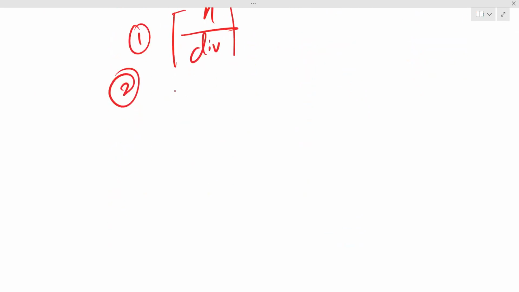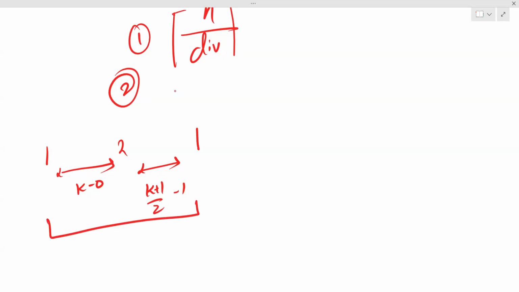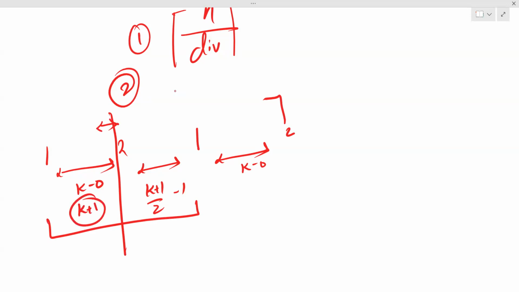For getting the number of twos, see, we have 1, then k zeros, then a 2, then (k plus 1)/2 minus 1 zeros, and then this thing is going to repeat itself: 1, then k zeros, and then again 2. So let's remove these k plus 1 digits from my number, the k zeros and this 1 digit, and let's start from here.